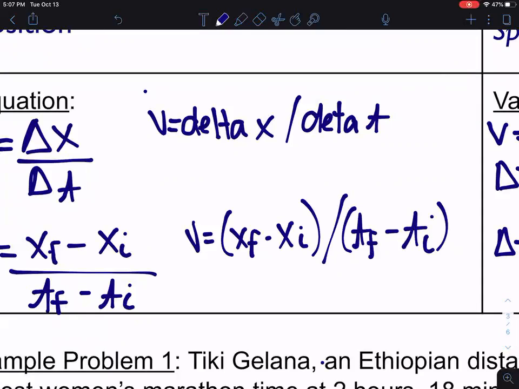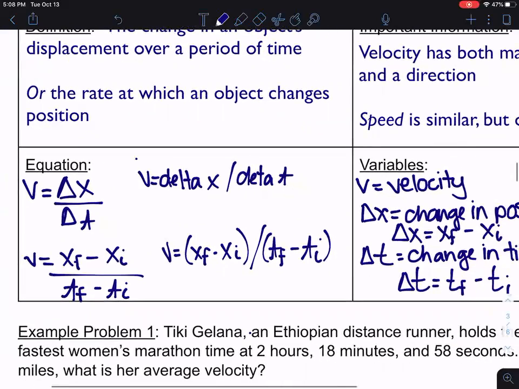So any of these equations will work to find our velocity. It depends on the information we have and also a little bit which one you feel more comfortable with. If you're comfortable with a delta meaning change, that's great. If it's easier for you to separate F and I, final and initial, that's awesome too.